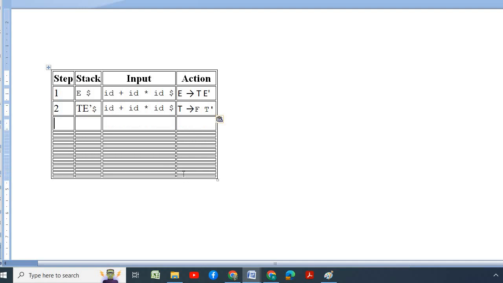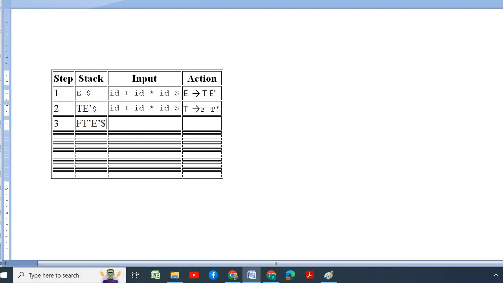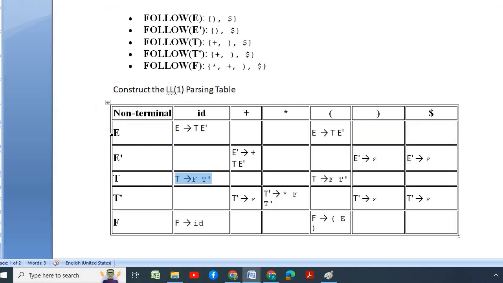Now the T is replaced with FT dash. It will be like this. Now we have to check for F, ID. F, ID is F tends to ID.